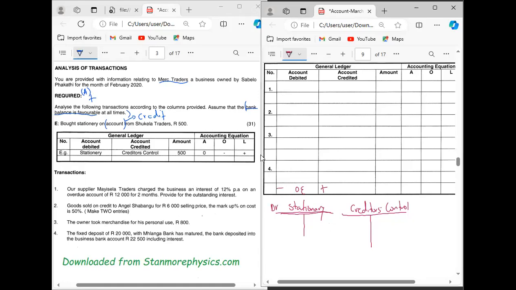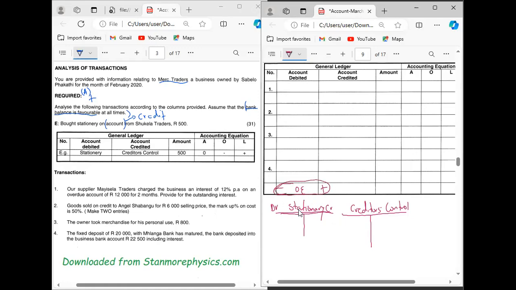But we know that stationery is an expense, meaning it will increase under the debit side, and decrease under the credit side. So in this video, I'm not going to write signs for stationery as an individual account, but the main focus will be our owner's equity, effects of owner's equity.